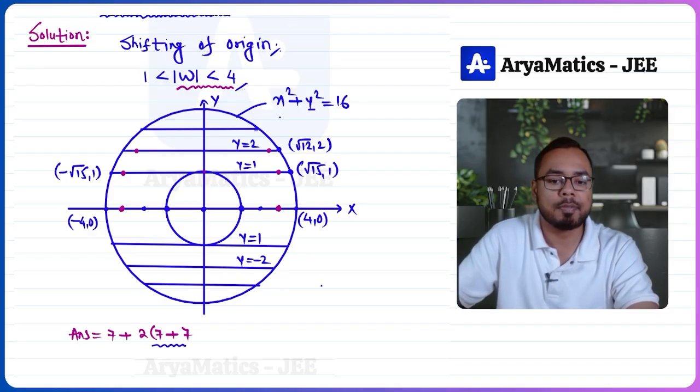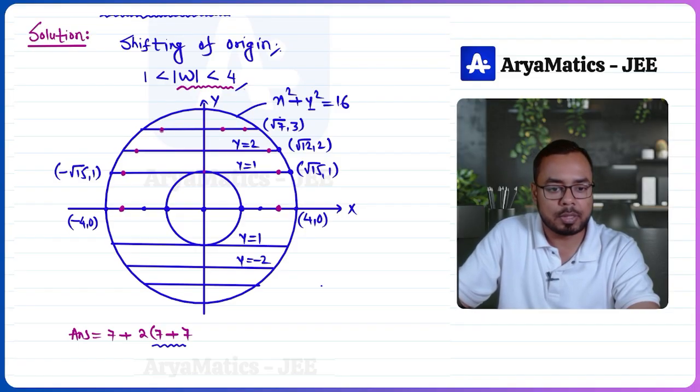Now, next possibility, if I take y as 3, then x will become root 7. Now, root 7 is smaller than 3 and bigger than 2, right? So the point (2, 3) will be inside the circle, and (1, 3) is inside the circle. On the negative side we have (-2, 3), (-1, 3), and so on.